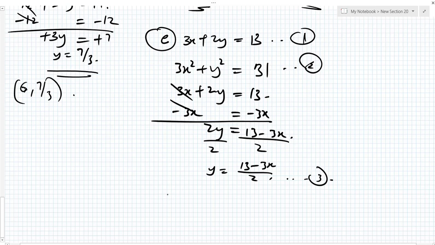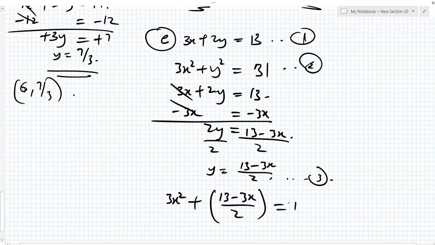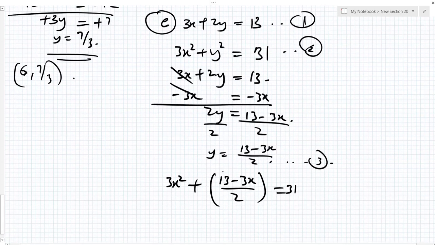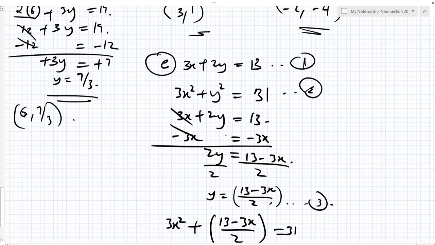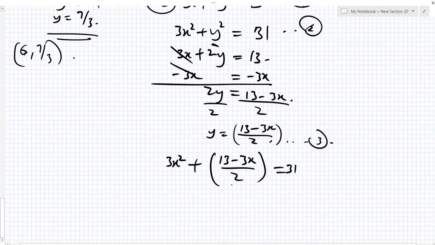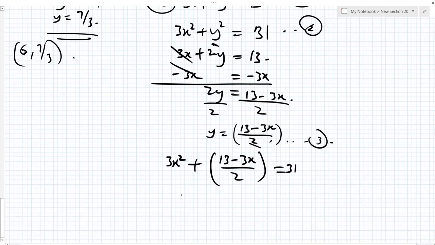So you have 3x squared plus 13 minus 3x all over 2 equal to 31. Invariably what I'm saying is, since y is equal to this, wherever you see y, you replace it with this. So in this equation 2, this is y, we are replacing it with this. Now square.